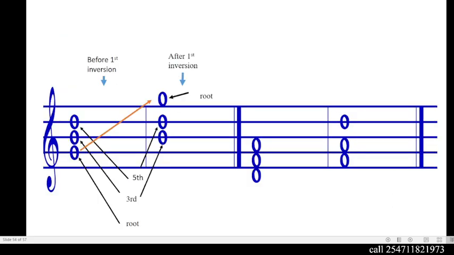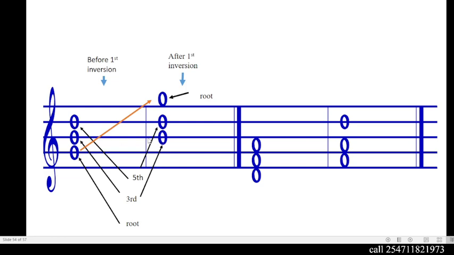Now, when you look at the image here, you notice that this was the triad in root position before inversion, and this is the triad now inverted. We are now dealing with the triad in C major, the triad on G, the dominant triad. In first inversion, the third becomes the bass note, not the root, the bass note.